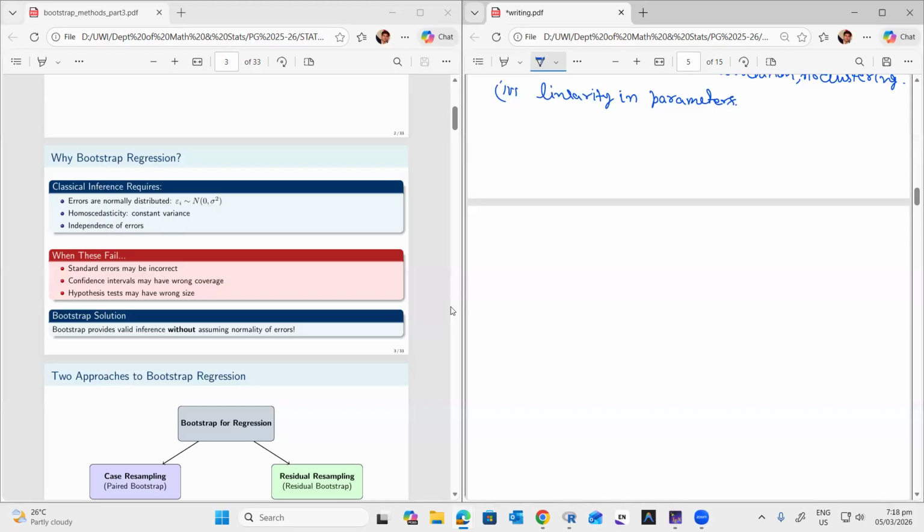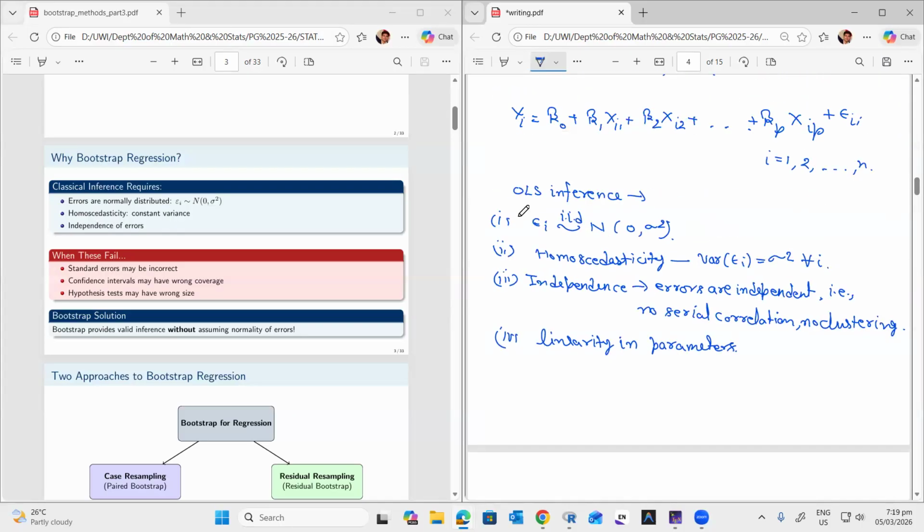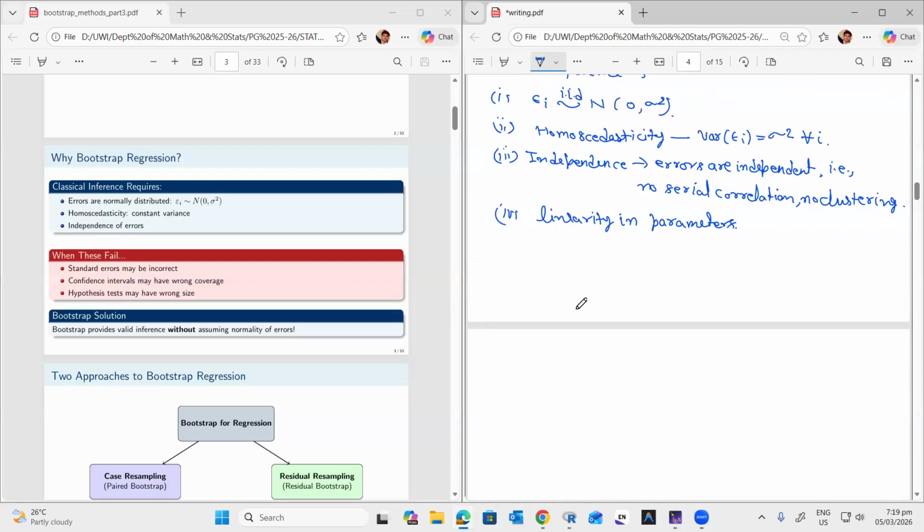It may be happening because of the sampling distribution of beta cap.